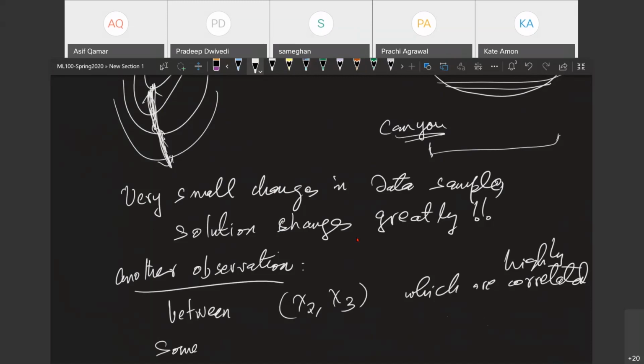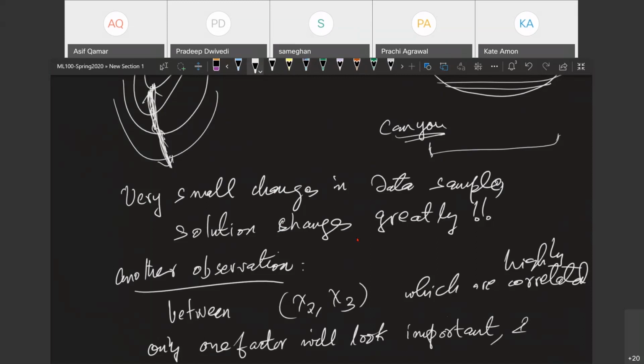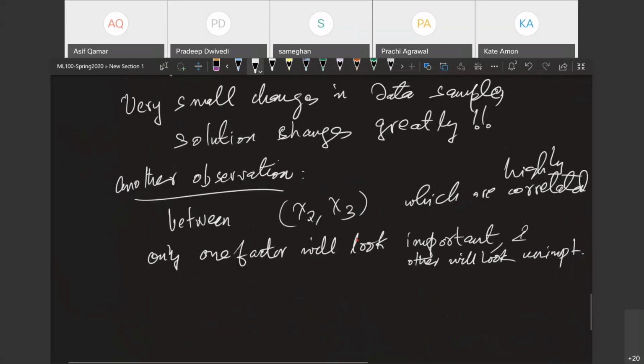Sometimes only one factor will look important and the other will look unimportant. And you change the data just a little bit and it will flip over. Small changes flip the solution.